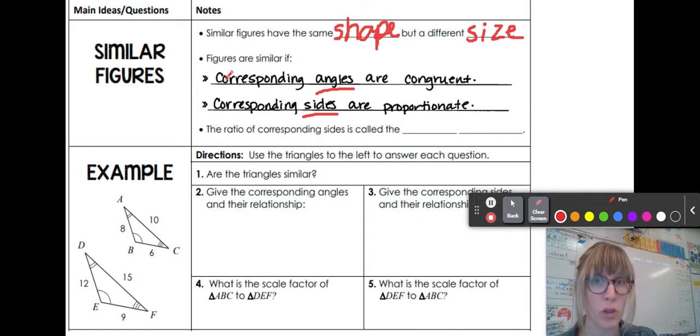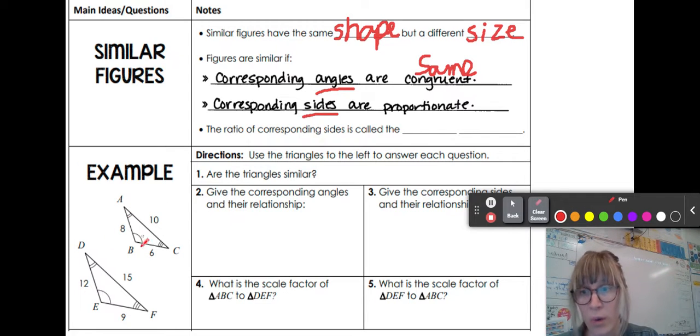So let's dig in a little bit to that. So corresponding angles are congruent. Well, congruent is a fancy math word for the same. So in other words, if we have these two triangles down here in this example, the corresponding angles that are congruent, we could say are the angles that are the same measure in our similar figures, right?